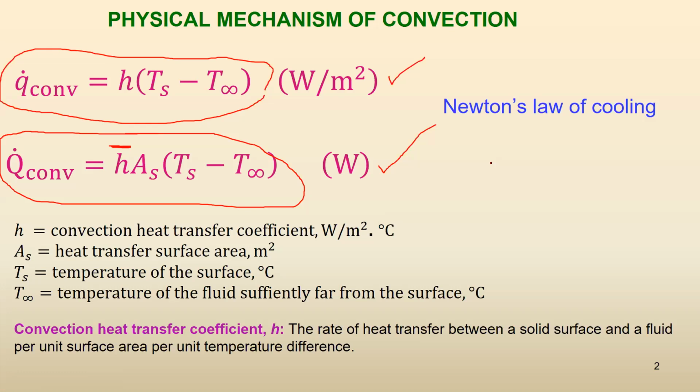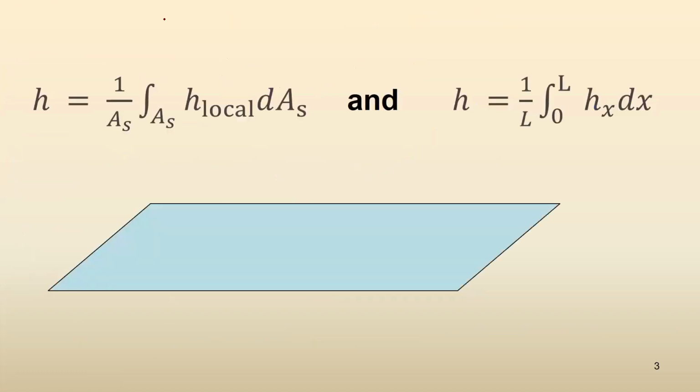Now, just to let you know, the difference between h average and h local is this. This is how we generally calculate the average value of h. Okay, let me put a bar sign in here. Let's say you have a surface with a constant width and a length L, and let's say x is in this direction, from 0 to L. The total area is A sub s.